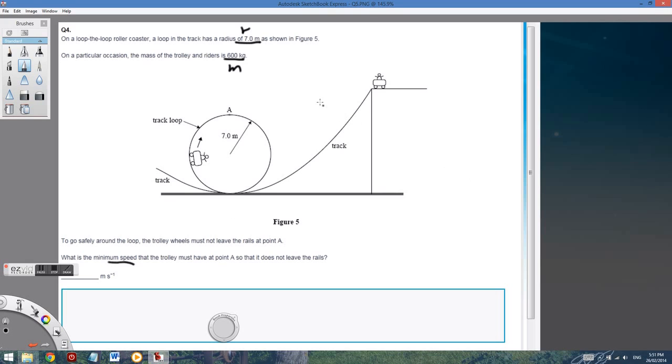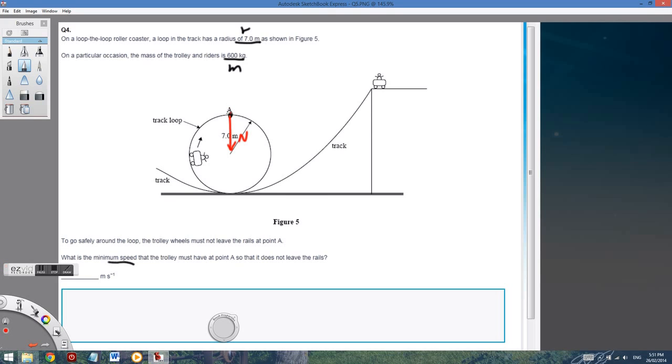Now for this question, let's assume the track is here. Let's draw the force diagram. Remember, the trolley travels inside the track. So the normal force will be in this direction. Normal force is the force of a surface acting on the object.